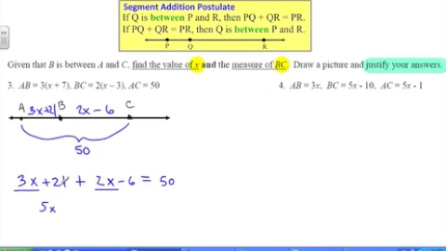We have 21 minus 6. So 21 minus 6 is going to be positive 15. Right? Because 21 minus 5, and then minus 1 more, so we're at 15, equals 50.